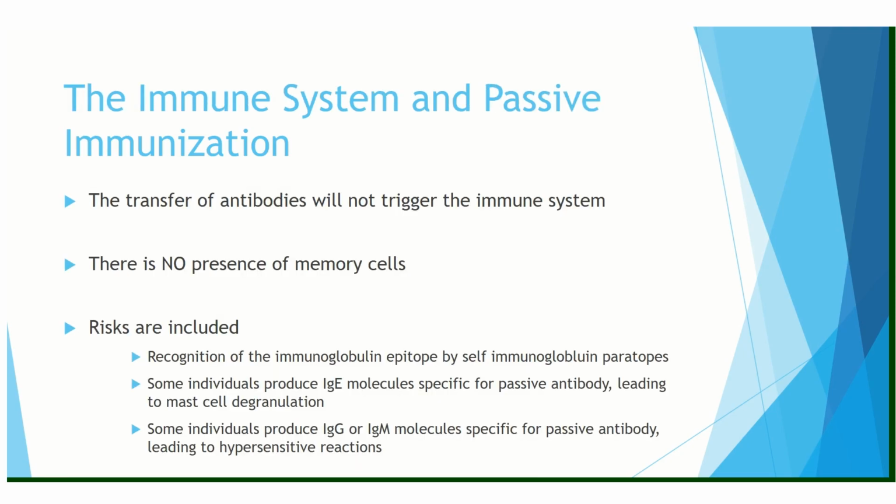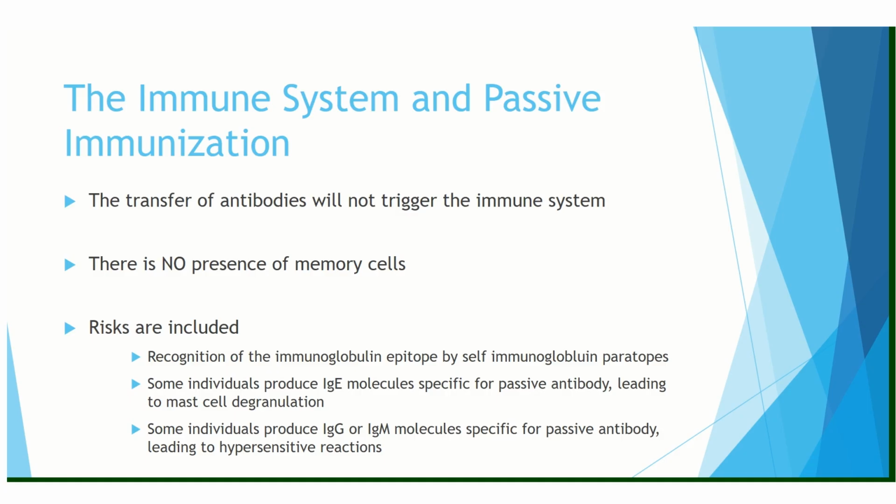We use that. So in the immune system, there are some risks that influence this immunization. For example, antibodies will not trigger the immune system. That's the main thing. There is no presence of memory cells. There are also some risks in passive immunization, for example, recognition of the immunoglobulin epitope by self-immunoglobulin paratopes.